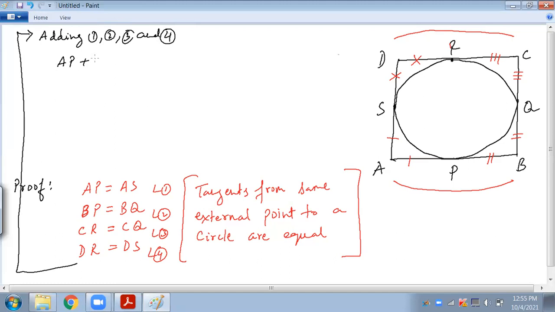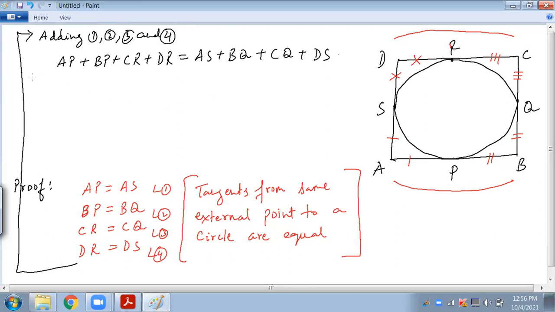So all the left hand side added together: AP plus BP plus CR plus DR equal to AS plus BQ plus CQ plus DS.